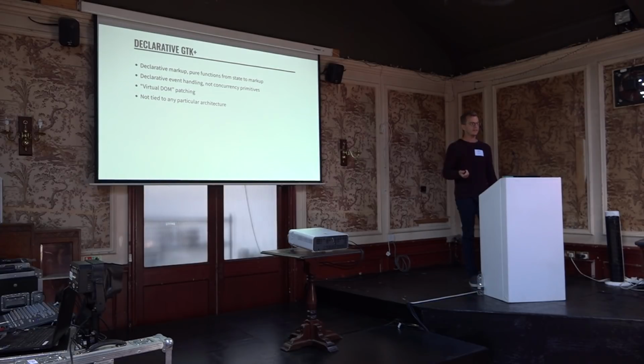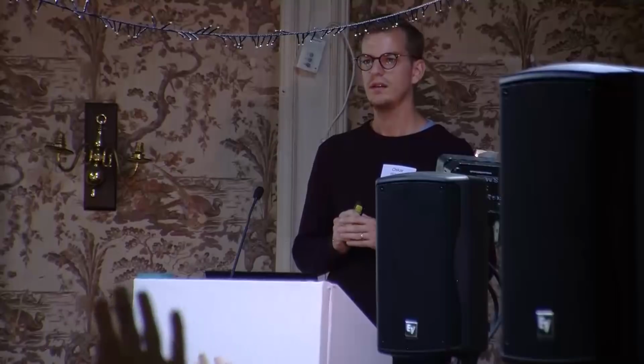There is a technical necessity of having something like virtual DOM patching going on. How many here know what a virtual DOM is and what it does? Okay, quite a bunch. So if we render by taking our state and having a function from state to markup, we can't really switch the whole GUI on each update. We need to calculate the minimal change of that GUI and just go in and make that change.